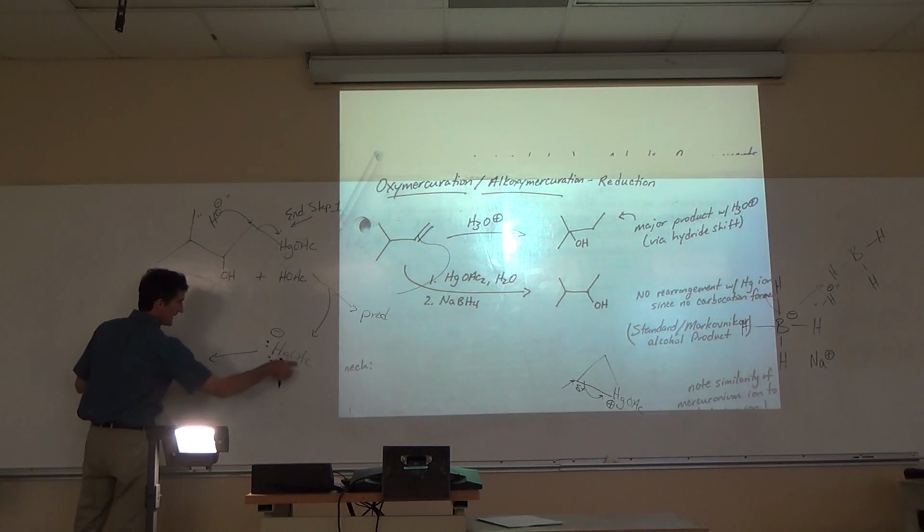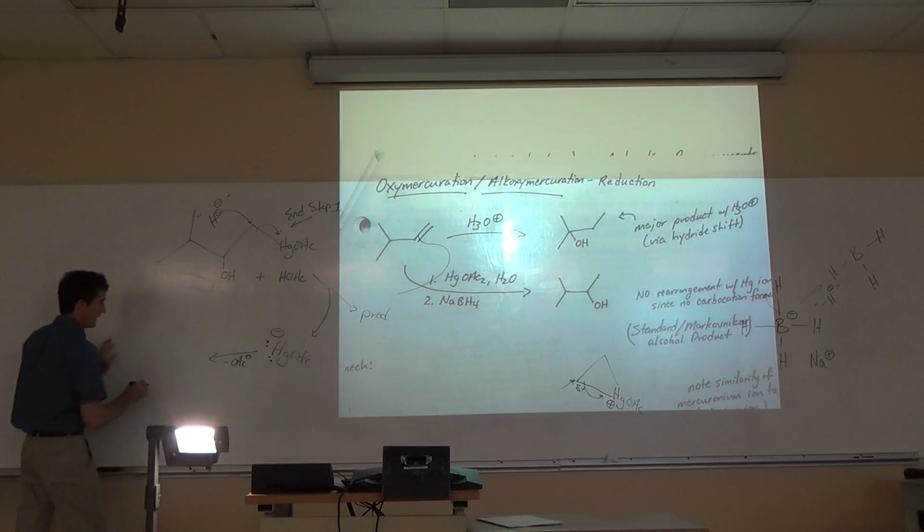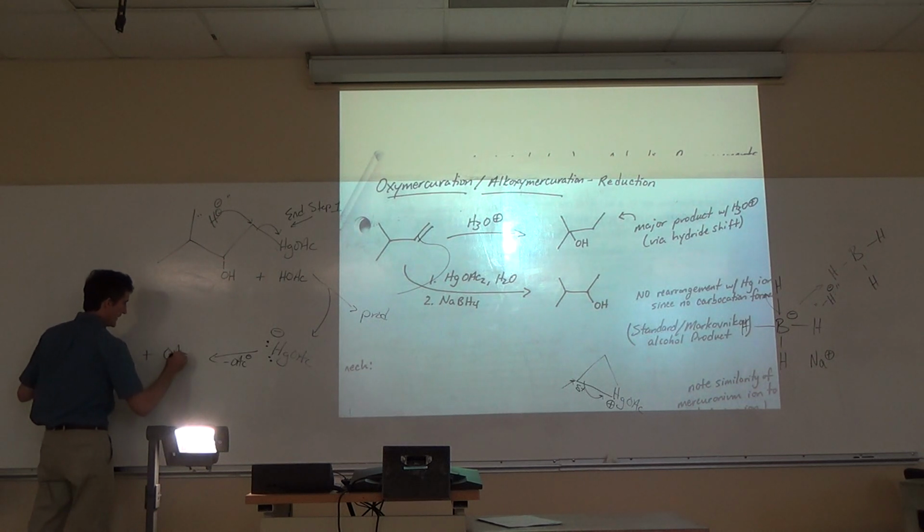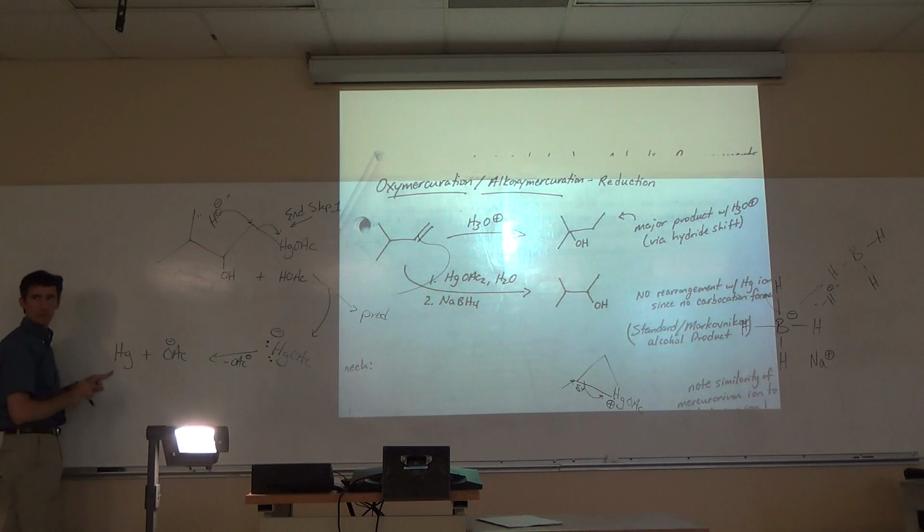Now, if we lose the acetate, we make mercury plus acetate, and acetate is lost as an anion. What should be the charge of the mercury? Neutral.